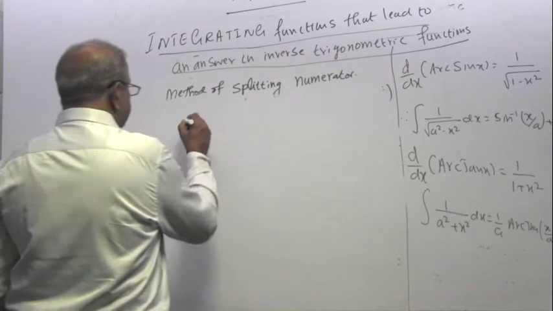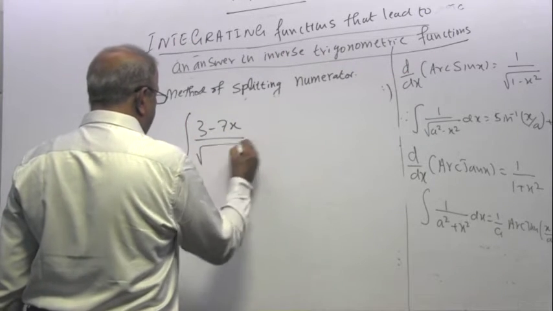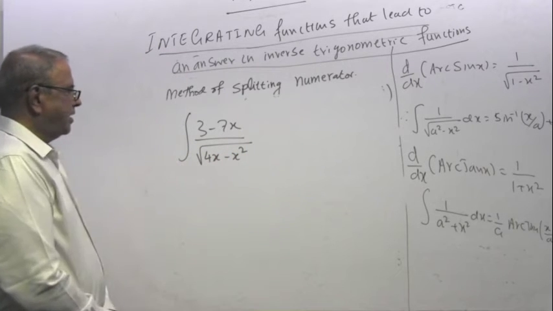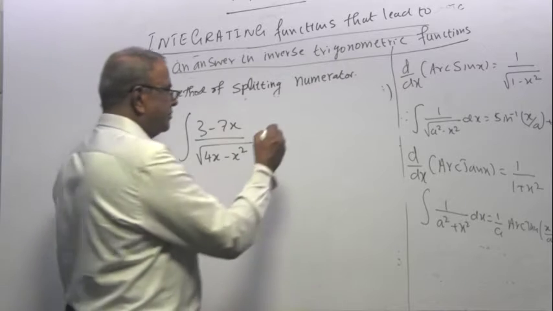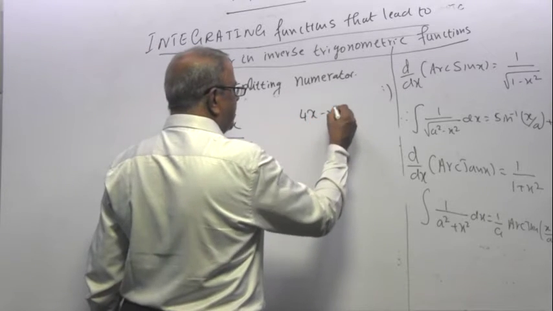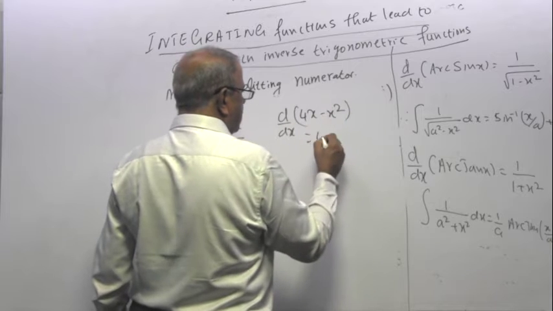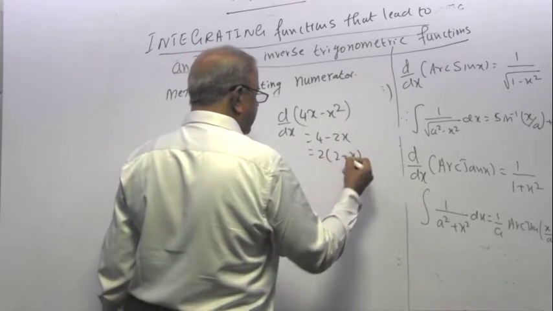Integral 3 minus 7x over square root of 4x minus x squared. What do you get when you differentiate 4x minus x squared? 4x minus x squared, when you differentiate, gives you 4 minus 2x or 2 times 2 minus x.